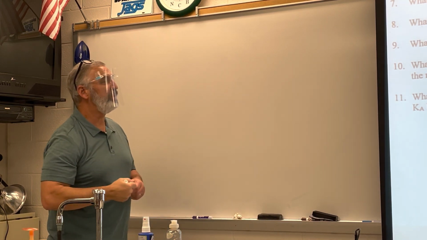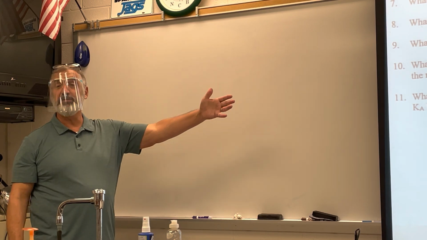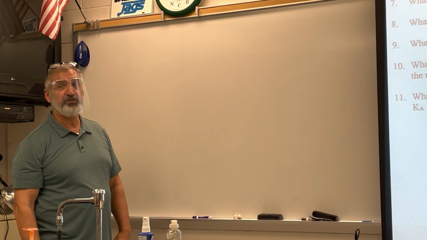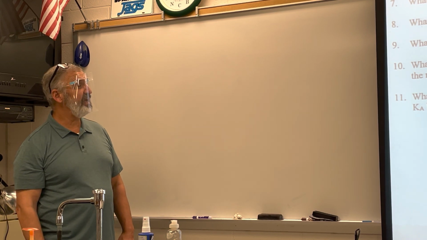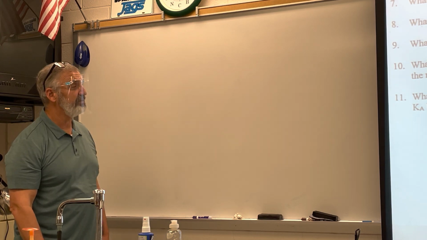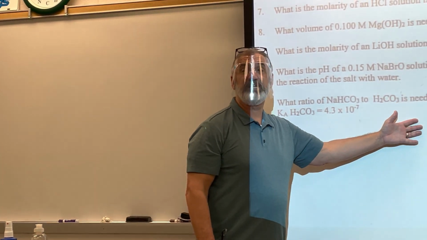All right, last one. What is the ratio of sodium bicarbonate to carbonic acid? This is the buffer in blood. It is needed to make a buffer with a pH of 6.2. The Ka of H2CO3 is 4.3 times 10 to the minus 7. So if I'm going to make a buffer with these, what's the equation that I want to write?